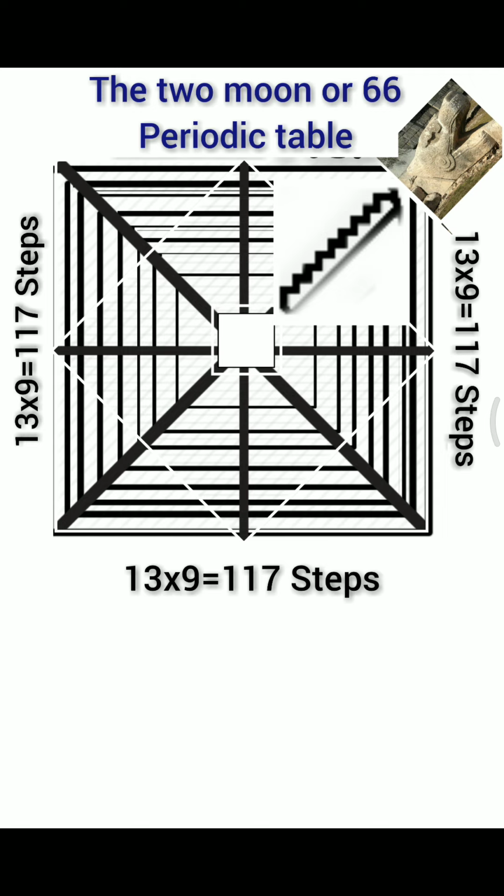So 2 times moon, 66, that is 2 into 33, represents 2 moons and 1 sun. That's what the present mishmash of the tree of knowledge and tree of life is.